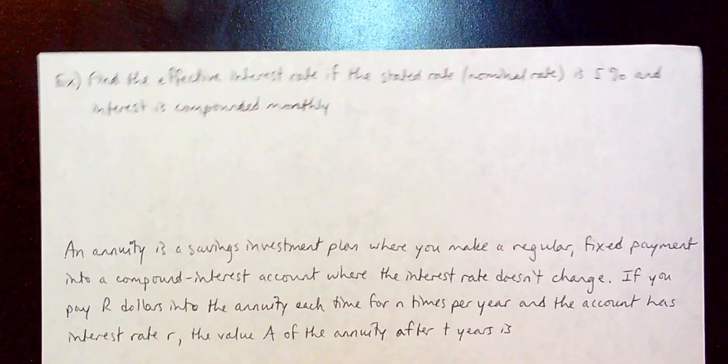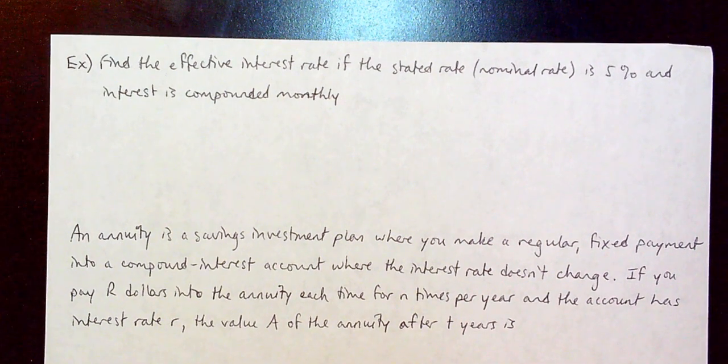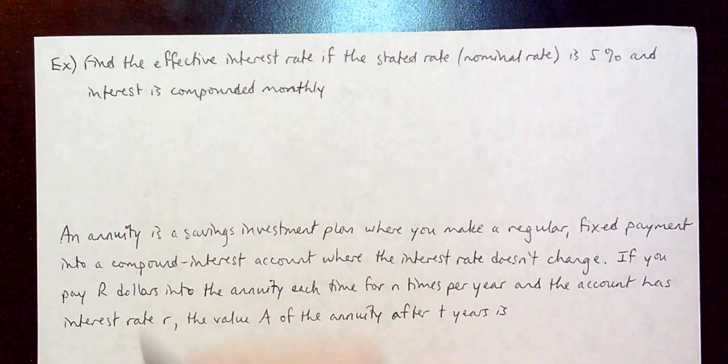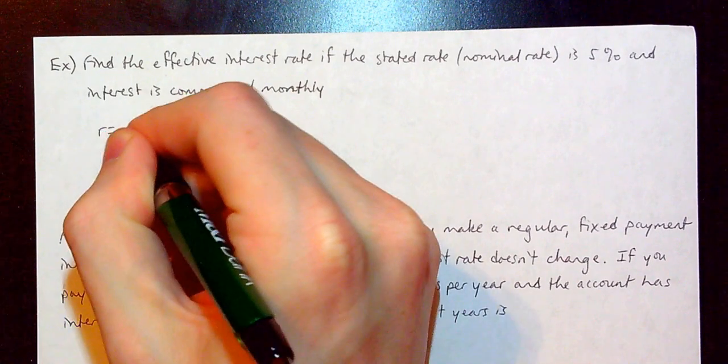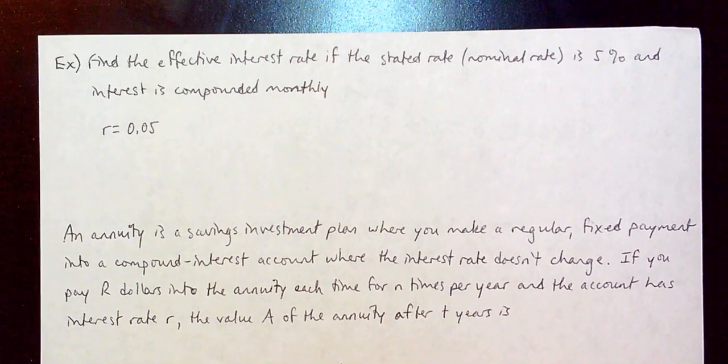So here's a sample problem where we find the effective interest rate. We're going to find the effective interest rate if the given rate, or nominal rate as we said, is 5% and interest is compounded monthly. So R as a decimal is 0.05.